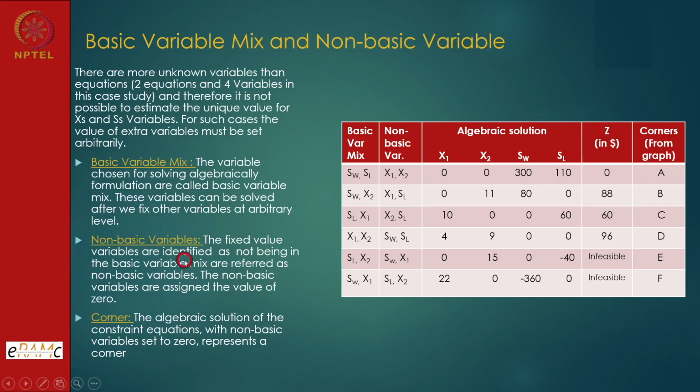The fixed value variables, identified as not being in the basic variable mix, are referred to as non-basic variables. The non-basic variables are assigned the value of 0. Now, the algebraic solution of the constraint equations with the non-basic variables set to 0 represents a corner.